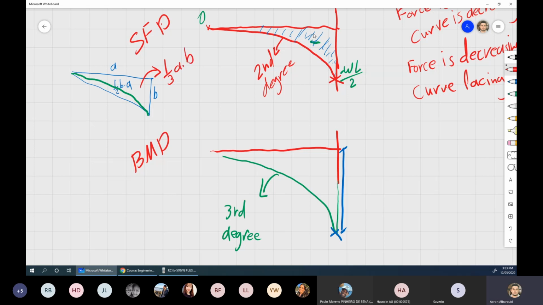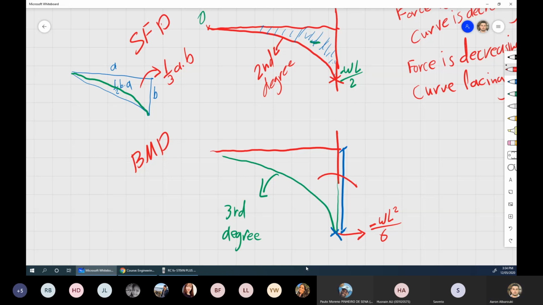So if I calculate the area of that, A, we've got it here as L, that's the length of the beam, that's a third times L. B is WL on 2, so I need to make a third of that. That will make the value here equal to that multiplied by a third multiplied by W, so that will be negative WL square on 6.